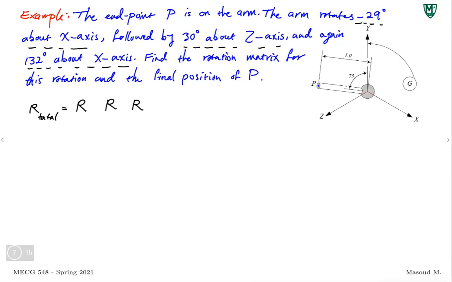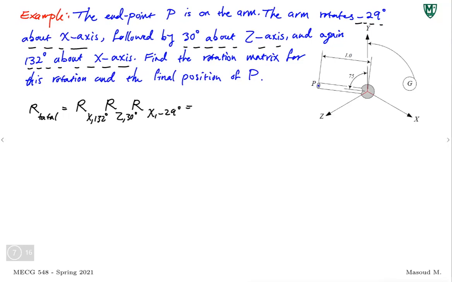The last rotation is about x-axis 132 degrees. The one before is about z 30 degrees. And then the initial rotation, which is the first one, is about, again, x minus 29 degrees.